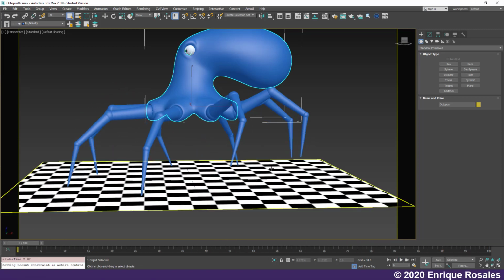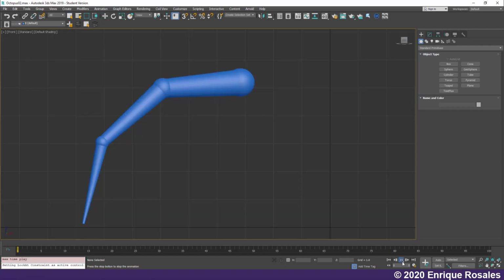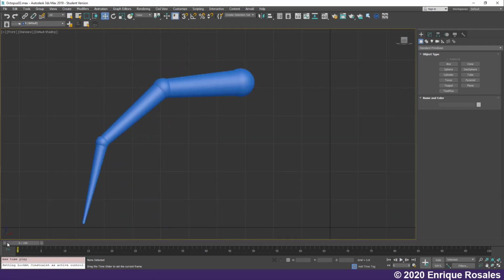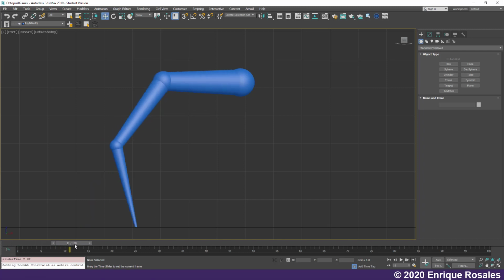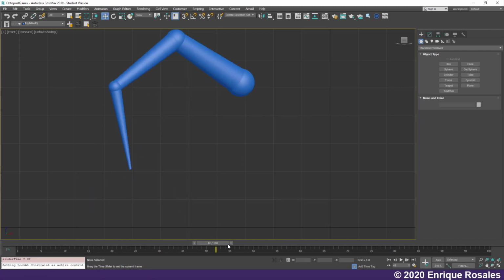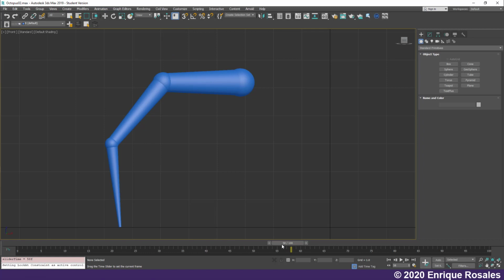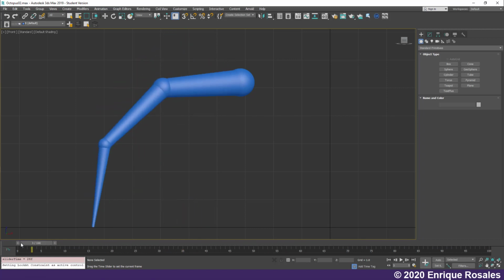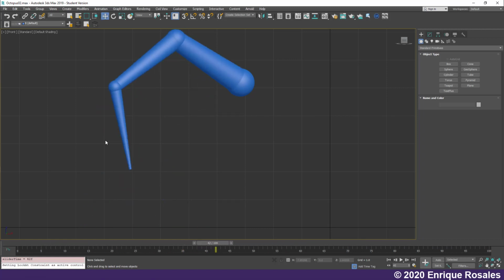And I will hide all the legs, and I will only show you one single leg, okay? So if we see this arm from a front view, we can see that this is a solution for an inverse kinematic problem, right?